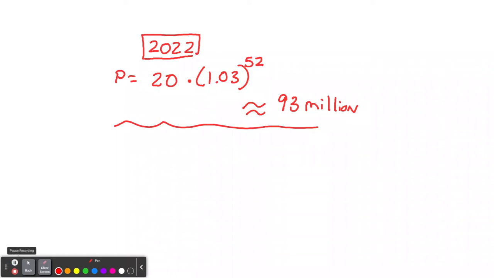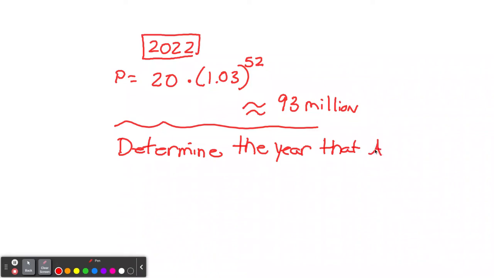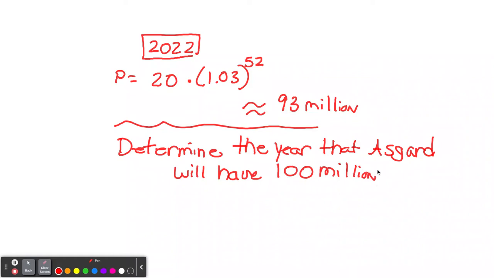If we wanted to determine the year that Asgard will have 100 million people, we just did one where it's 93 million, so it looks like it's going to be close to 52.